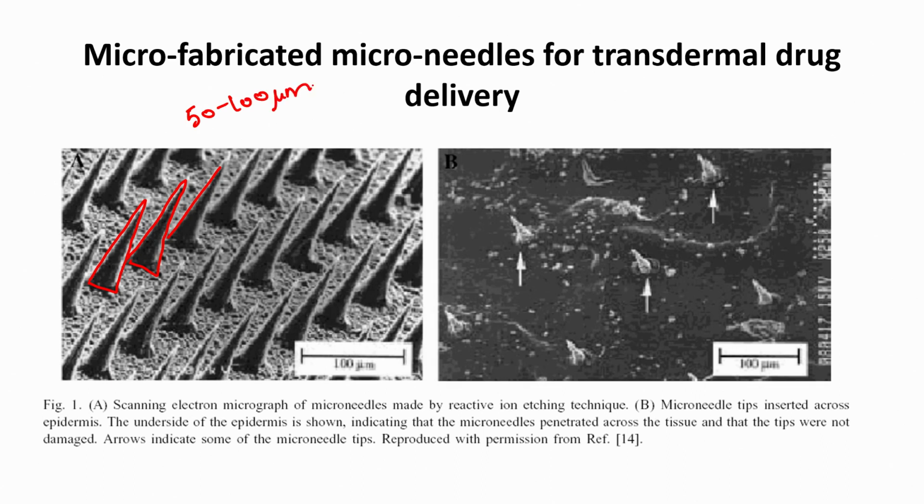That means up to 50 to 100 micron, which is the major thickness of your stratum corneum, you can get through. On part B, you are seeing these microneedles being inserted into the epidermis, and then you are looking from the other side. You can see these needles are just poking out from the skin.